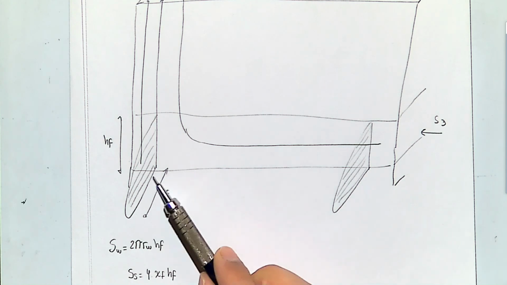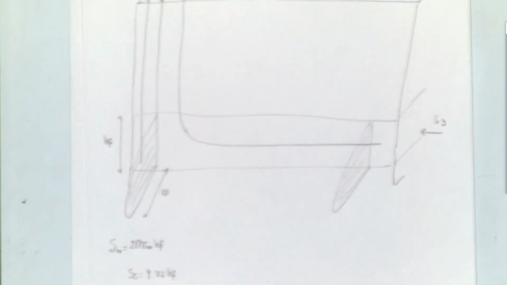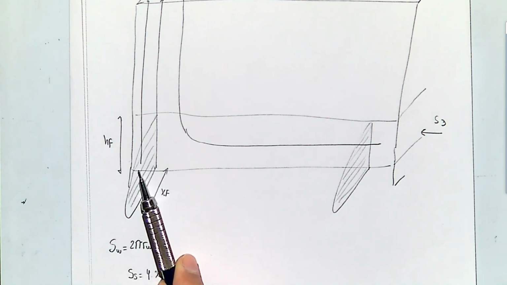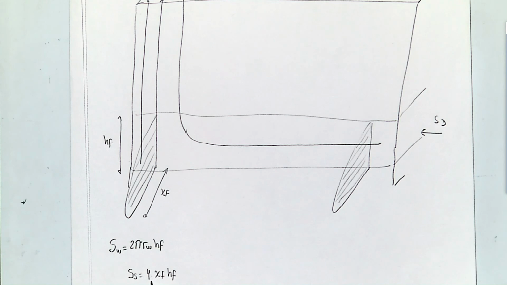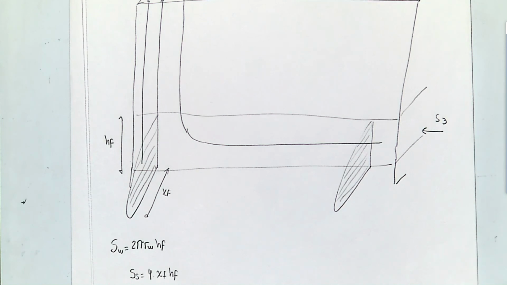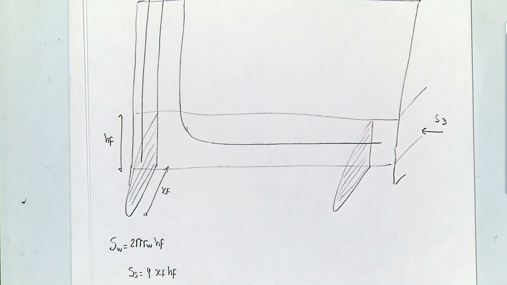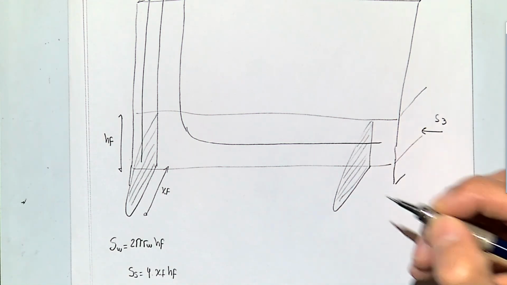So the area of one side will be HF times XF, more or less. You have 2 sides, then that's going to double it, and then you have 2 wings, then that's going to be 4. And if you were to make multiple fractures, the main advantage is that now you're going to have a lot more surface area in contact with the wellbore.